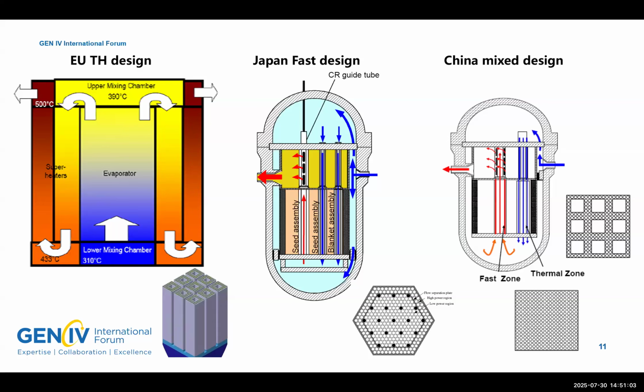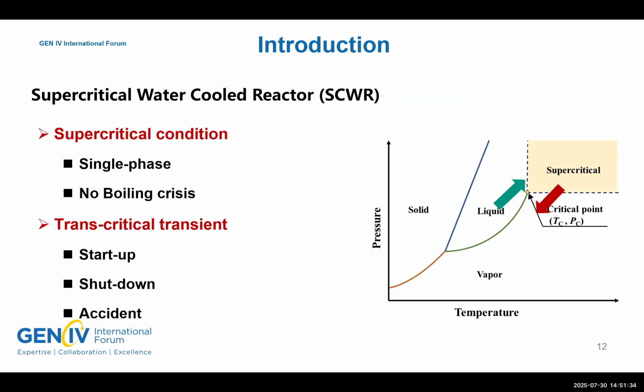And when the temperature is over the critical point or the pseudo-critical point, the density of the coolant will decrease to a small value, and then it can't provide enough moderation, and we can design it for the fast spectrum. So these are the conceptual ideas of the different designs: the thermal designs, the fast designs, and the mixed designs.